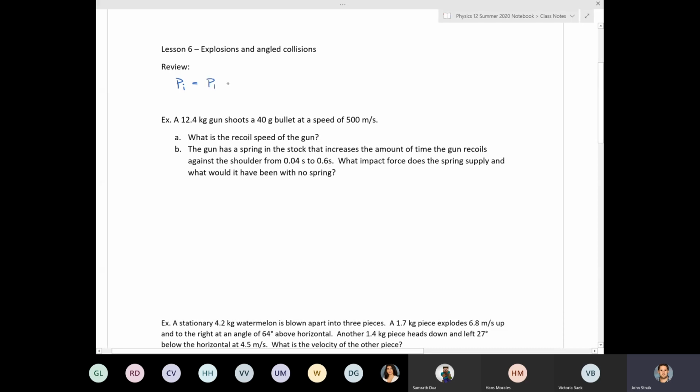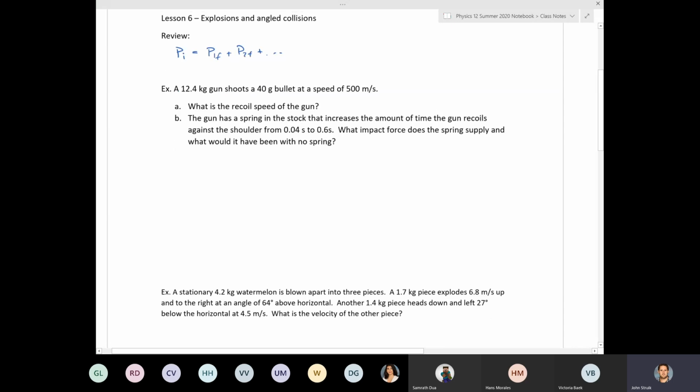And that is equal to one object exploding into many objects. So we have P1F plus P2F plus however many objects we have, okay? And whatever momentum you have before is equal to the momentum after. There are typically two types of questions we ask.